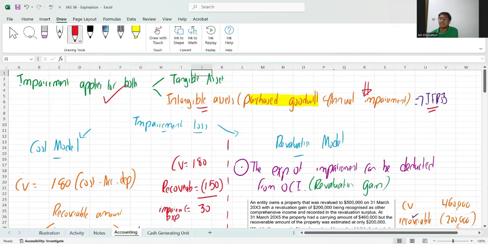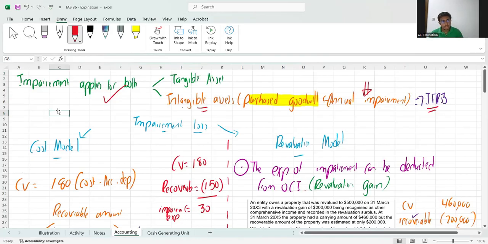Don't worry, we have a separate recording that is going to come up and you will be learning it in detail. But what you need to remember is impairment is done on both tangible as well as intangible assets. In terms of purchased goodwill, you need to do annual impairment. We learned this in our previous recordings too.